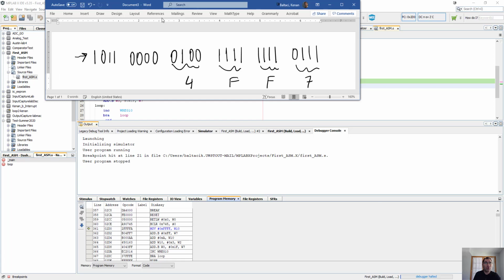So this is going to be 4, this is going to be 0, and this is 10, 11, right? In hexadecimal, 10 is A and 11 is B. As you can see, we have the same value here. We got it right.